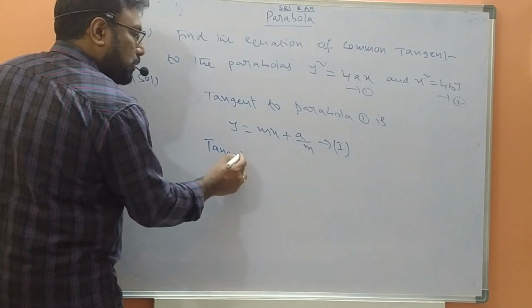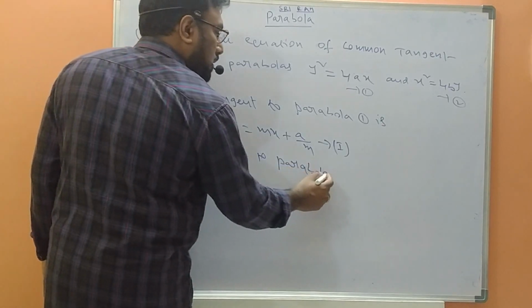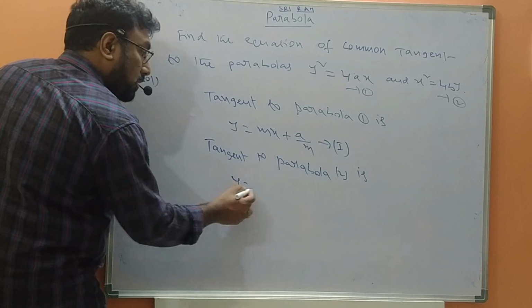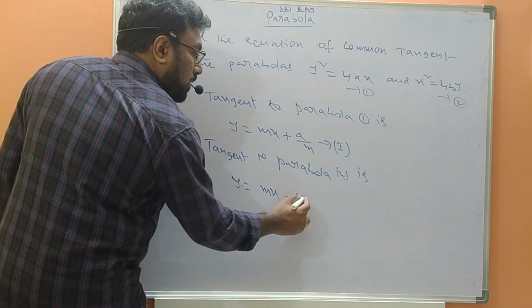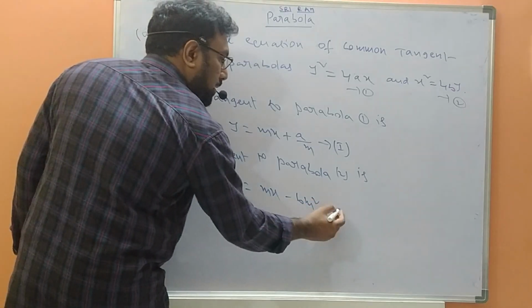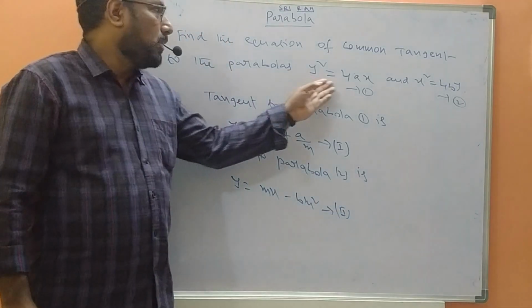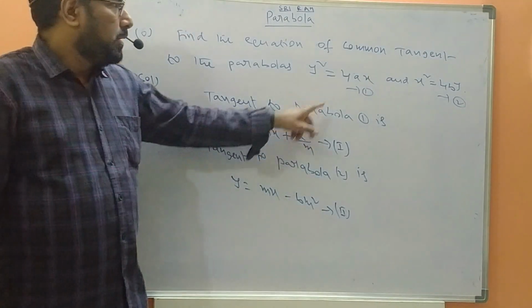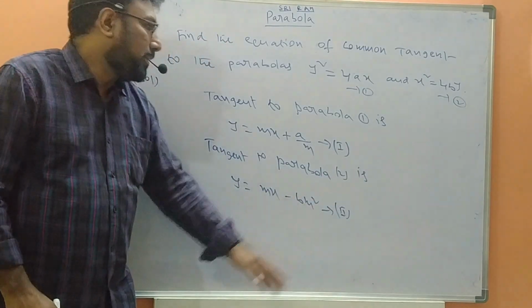Next, tangent to parabola 2 is y is equal to mx minus bm square. Okay, now because it is y square equal to 4x parabola, so c equal to a by m. Here x square equal to 4by, for that c equal to minus bm square.